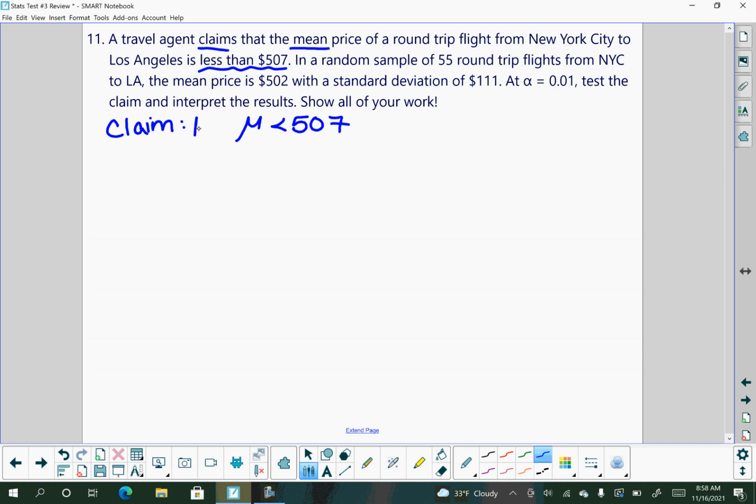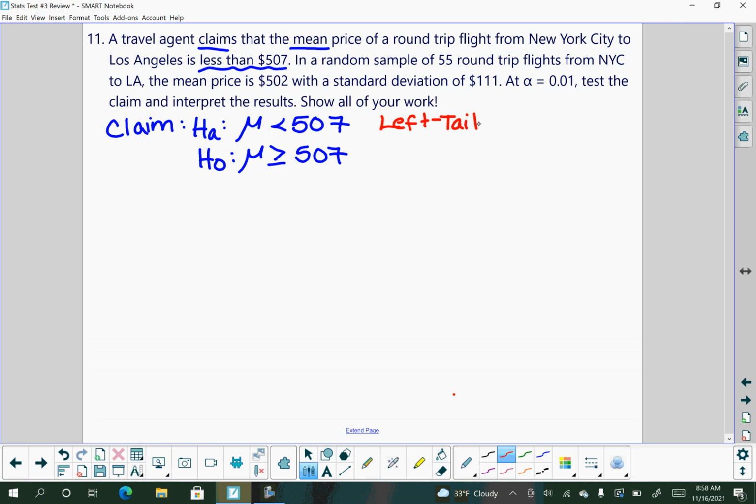Because it's not equal to, that means my claim is the alternative hypothesis, which means the null is the complement of that, greater than or equal to 507. Also, my alternative hypothesis is going to tell me what kind of tail test I'm going to have. This will be a left tail test because it is less than.